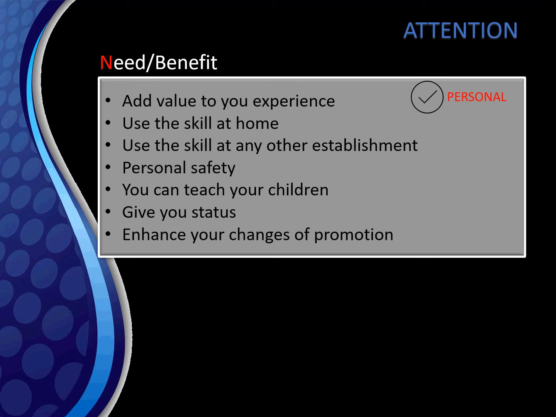I want you to have a look at these, and you will notice that they are all personal benefits. So it is something that will add value to the person that is learning how to do the task. We do not refer to the company. So in other words, we don't say, the company will benefit if you do this task correctly.